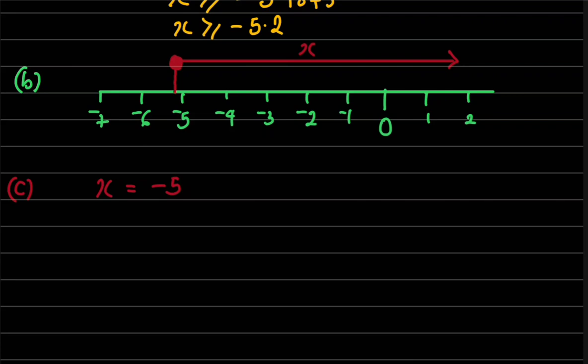x can be -5, because -5 is greater than -5.2. x could be -4, -3, -2, -1, 0, 1, 2, down to positive infinity.